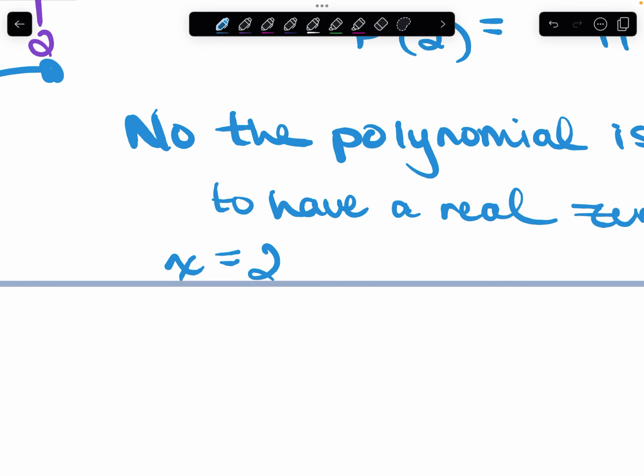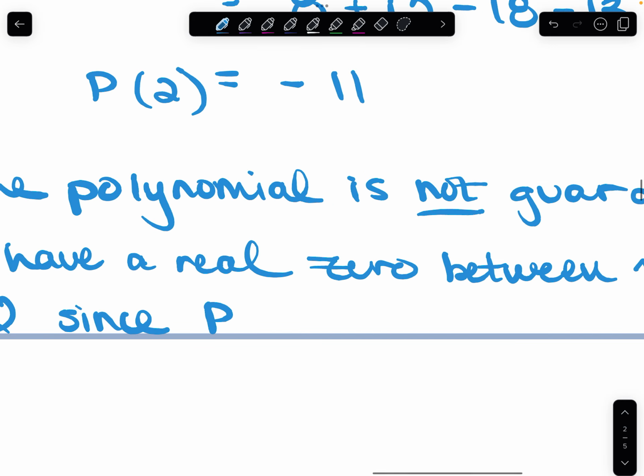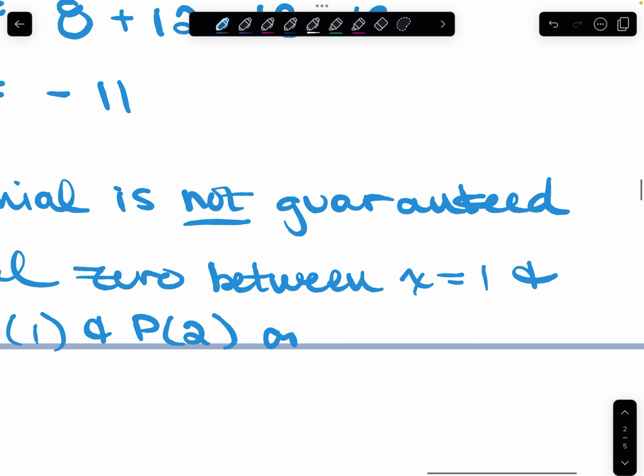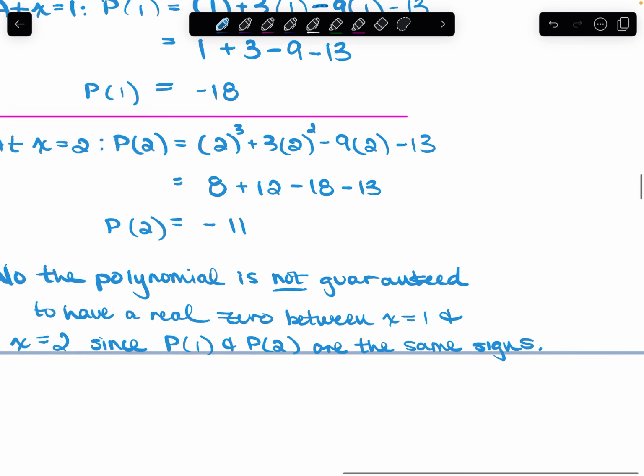And if you were asked to give a reason, it would be since p of 1 and p of 2 are the same signs, or you could say are both negative, or both less than 0. Anything along that line would work.